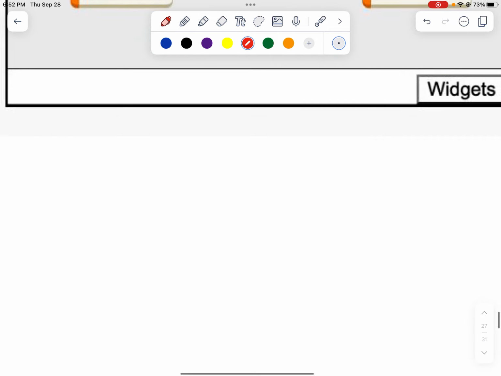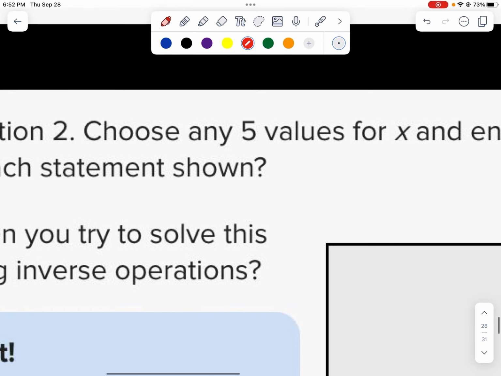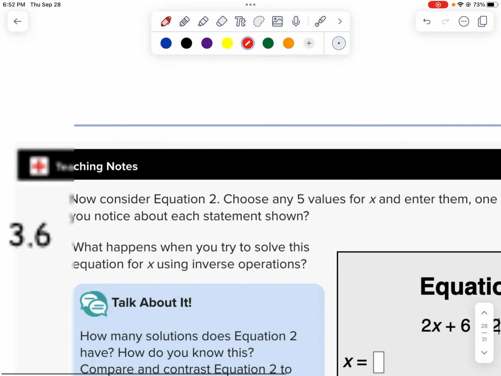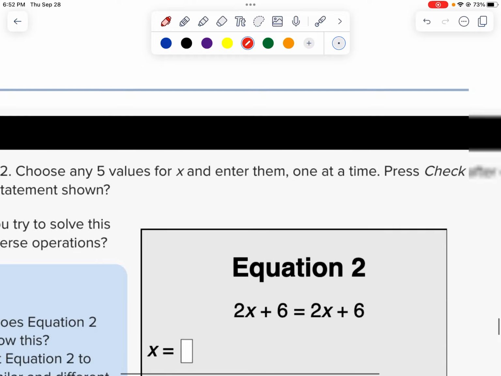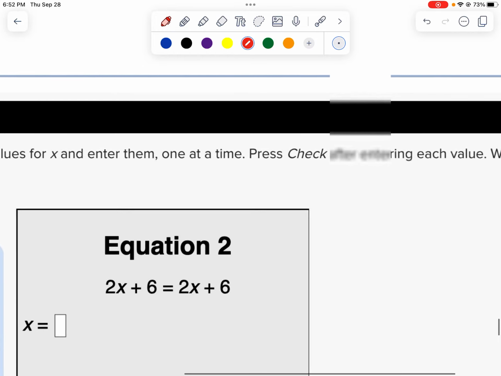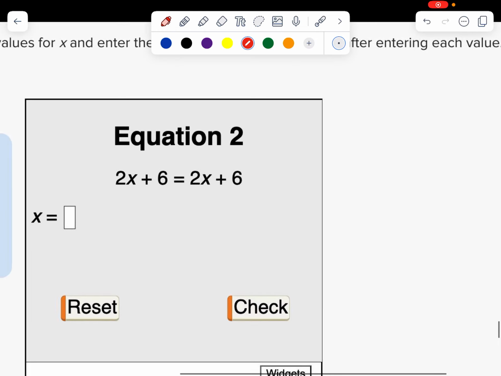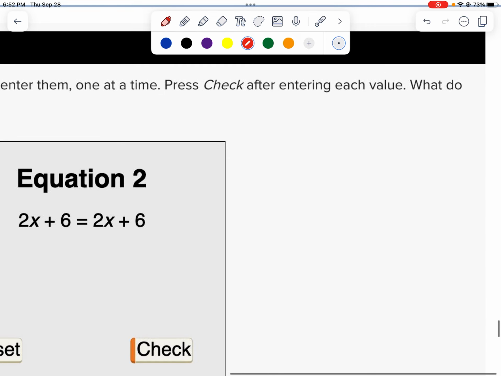Okay, so we're going to go to the next one. And it says, now consider equation number 2. Choose any 5 values for x and then enter one at a time. Okay, so I'm going to pick 5 values. Well, I'm going to come over here. 2x plus 6 equals 2x plus 6.